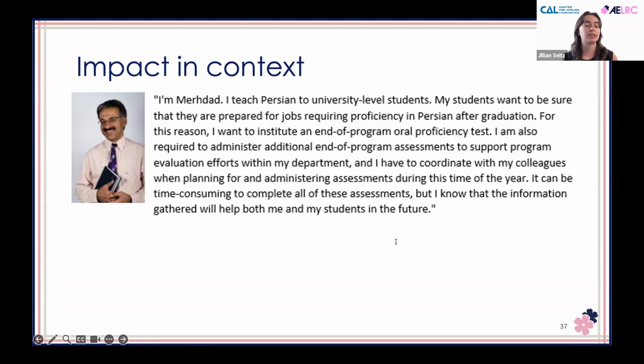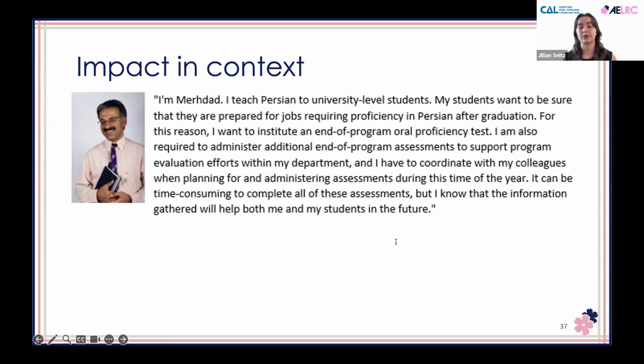I am also required to administer additional end of program assessments to support program evaluation efforts within my department. And I have to coordinate with my colleagues when planning for and administering assessments during this busy time of year. It can be time-consuming to complete all of these assessments, but I know that the information gathered will help both me and my students in the future.